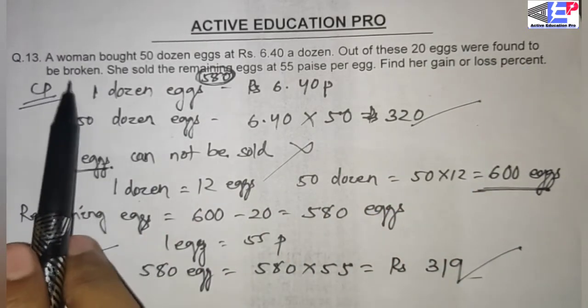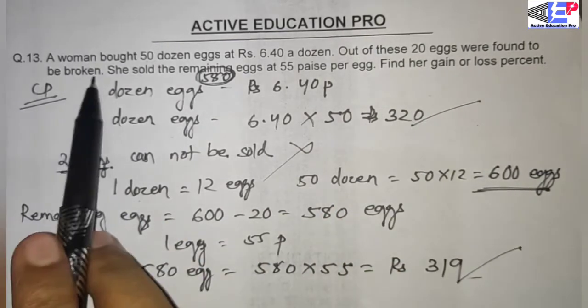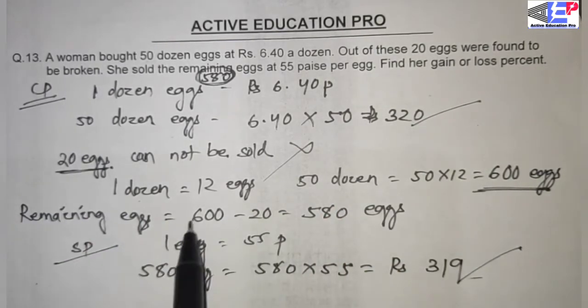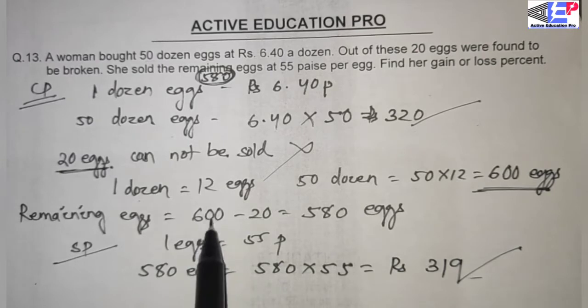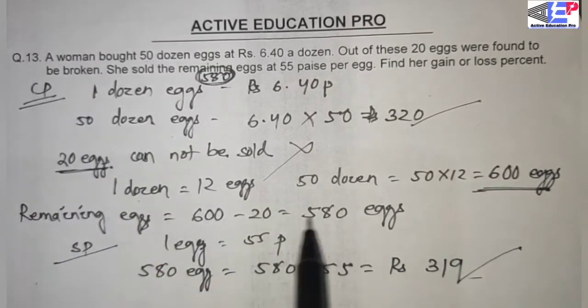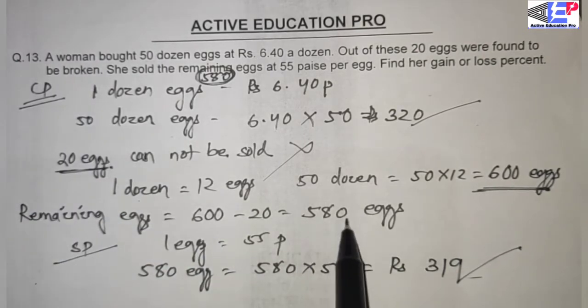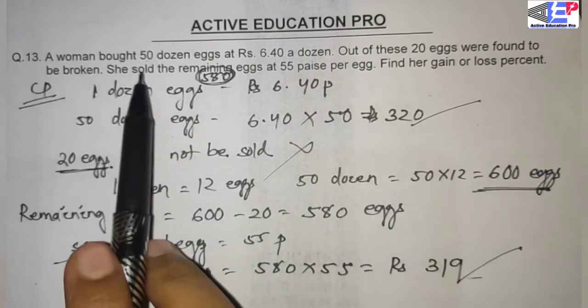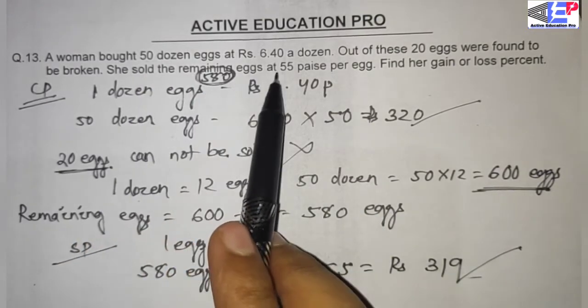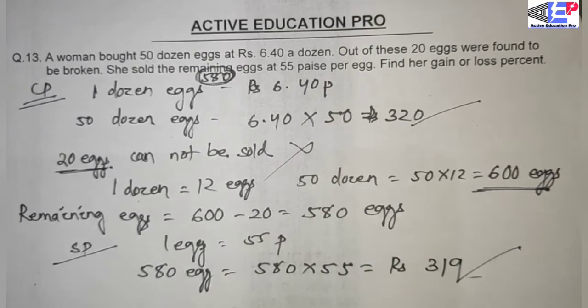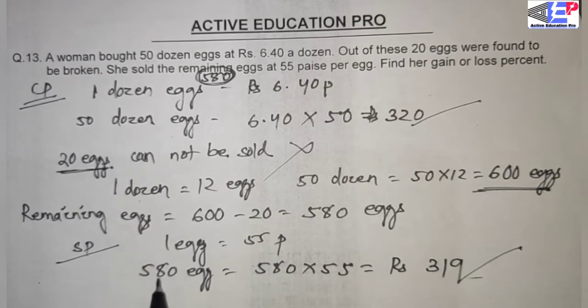So 600 is the total eggs bought by this woman, and the remaining eggs are 580. Now she sold the remaining eggs at 55 paise per egg, so the selling price of one egg is 55 paise. For 580 eggs, the selling price will be 580 into 55 paise.